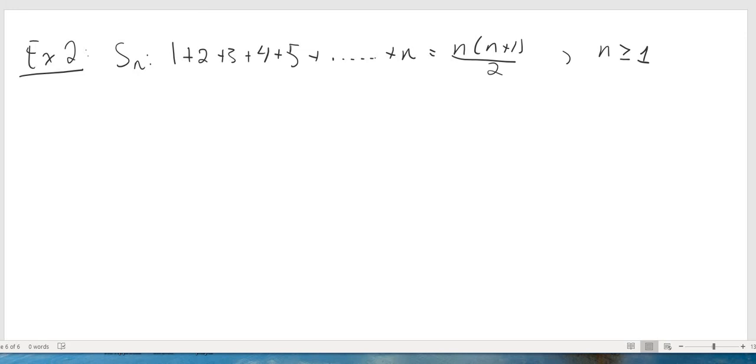So what does this mean, or how does this formula work? Well, basically what we're doing is we're adding natural numbers. And if you think about it, it looks pretty easy. But what if you have a bunch of natural numbers? Let's say you have 100 of these.